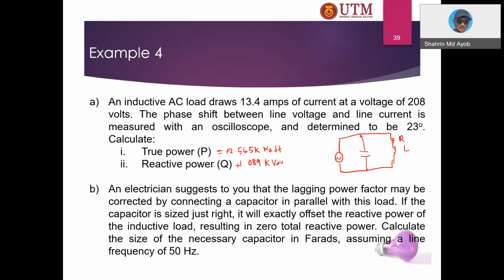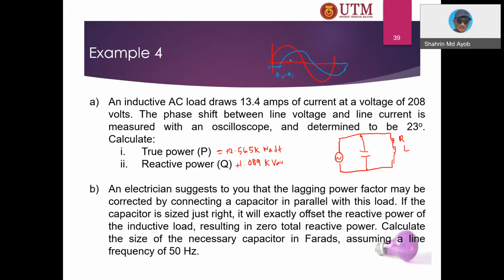So in concept, the power factor is when you have a voltage, and then you have a current. So when you have a different angle, this is your theta V minus theta I, the difference angle between your voltage and your current.